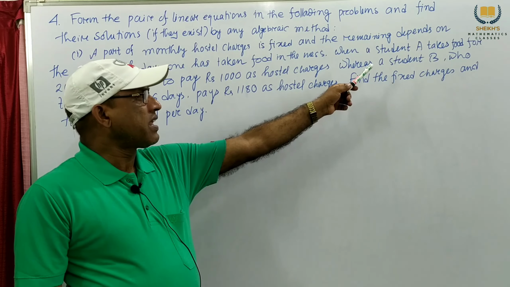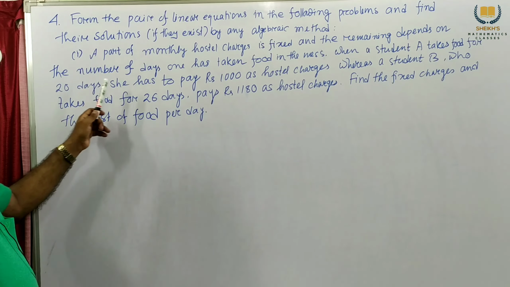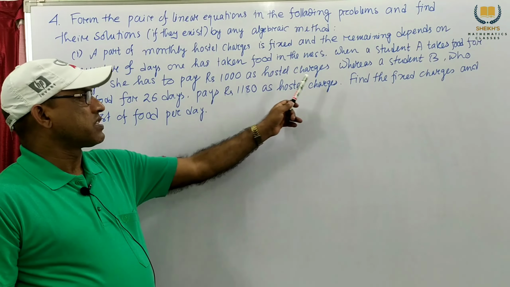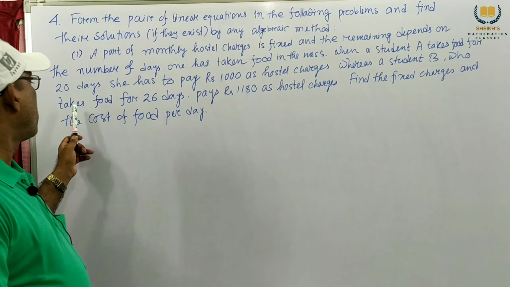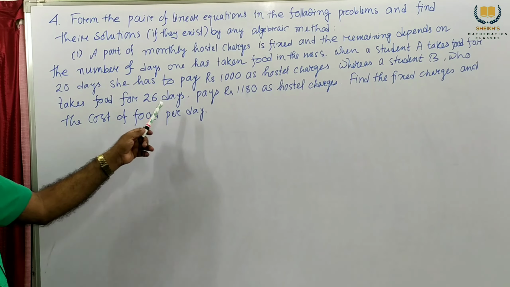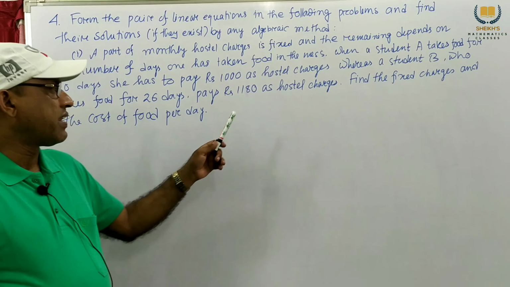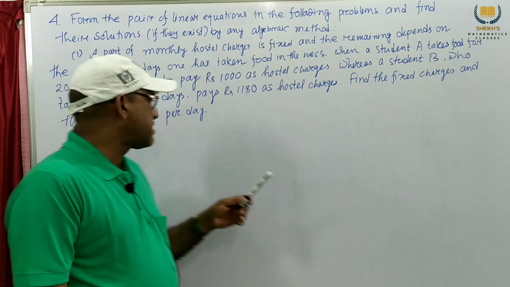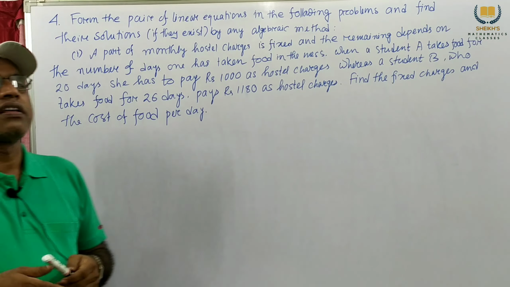When a student A takes food for 20 days, she has to pay rupees 1000 as hostel charges, whereas a student B who takes food for 26 days pays rupees 1180 as hostel charges. Find the fixed charges and the cost of food per day.